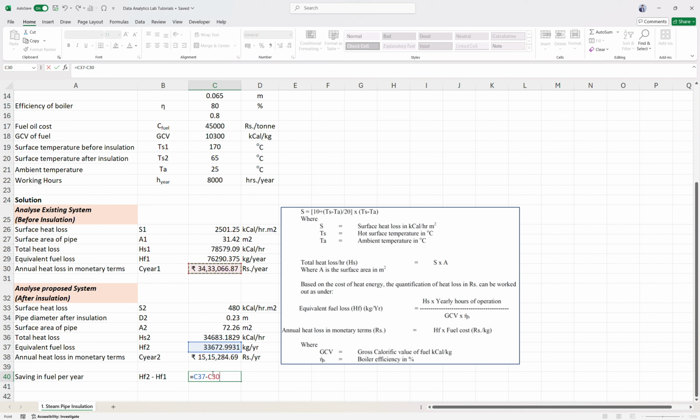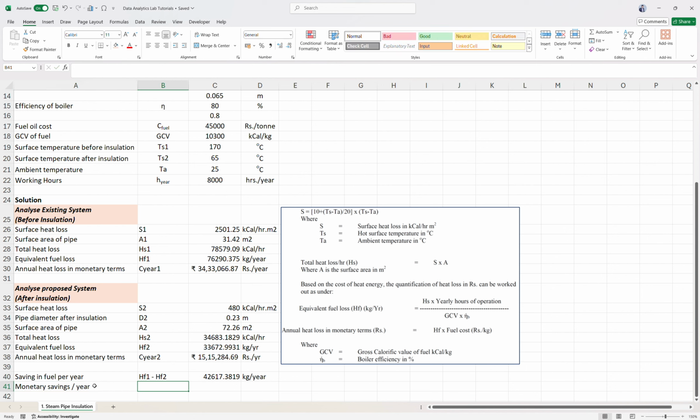Sorry, my mistake. It should be HF1 minus HF2 because HF1 is higher and HF2 is lower. So equal to initial fuel loss minus final fuel loss, kg per year. Due to insulation, 42,000 kgs of fuel per year will be saved, and monetary savings per year.